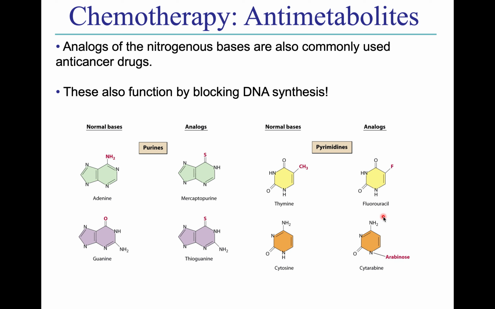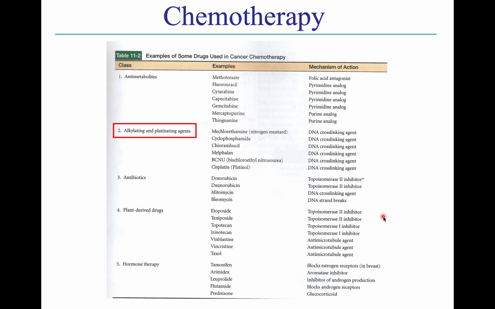But once incorporated, now they're going to block either addition of further nucleotides, or they're going to disrupt the normal structure of the double helix enough that they will hopefully trigger apoptosis. So those would be the anti-metabolites.